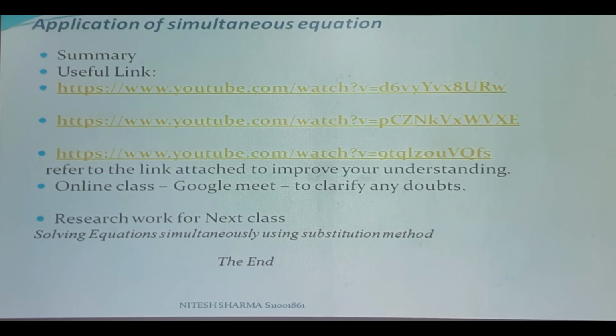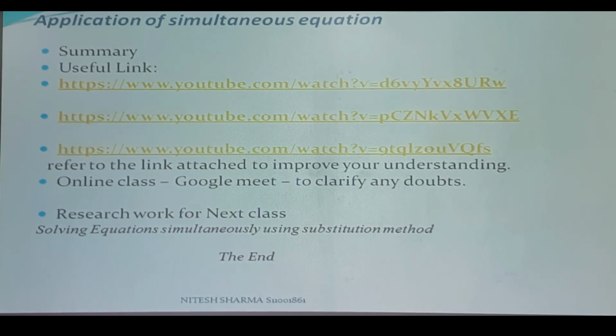Towards the end of the lesson, let me summarize our discussion. You need to read the question carefully, and with the information given, you should be able to do the following. Step 1, represent the unknown information using variables. Step 2, formation of 2 equations.